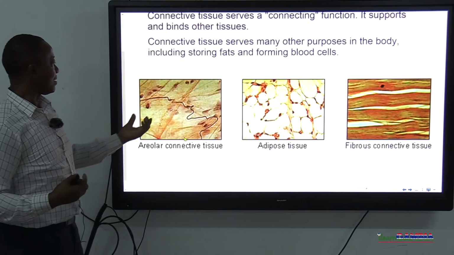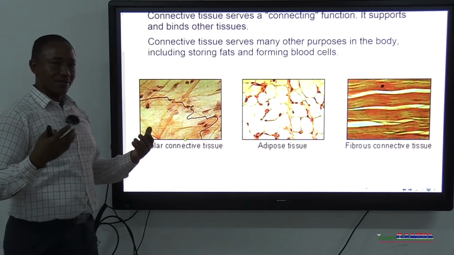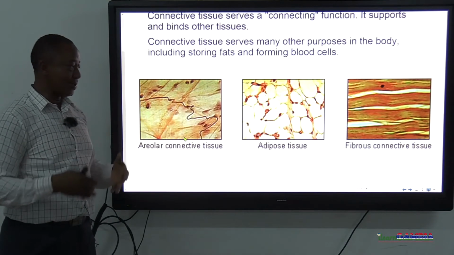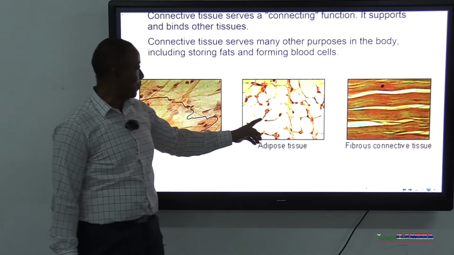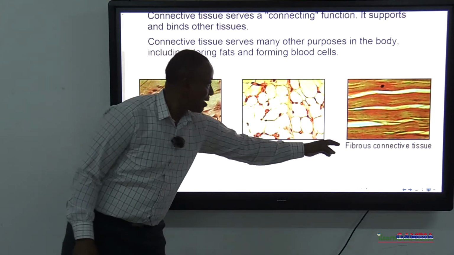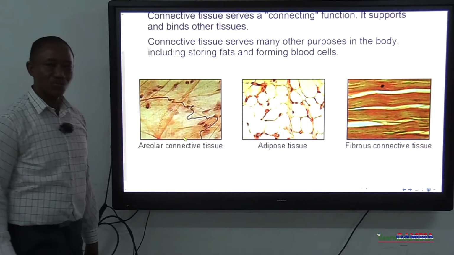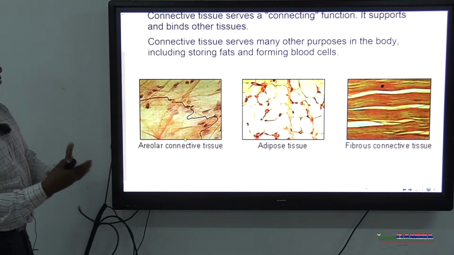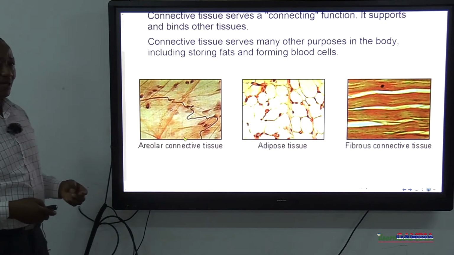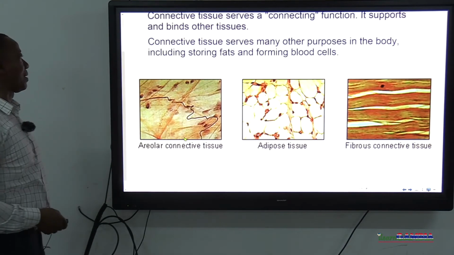Adipose tissue, that is fat tissue, and the fibrous connective tissue, that is the one that is helping to connect muscles to muscles and muscles to bones as well.